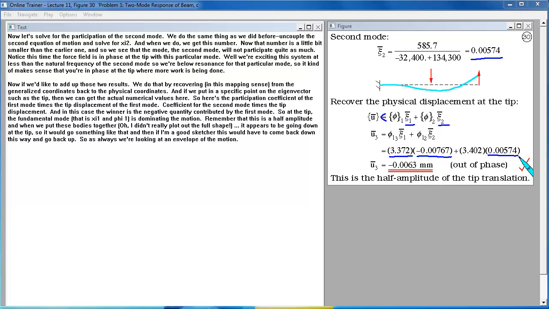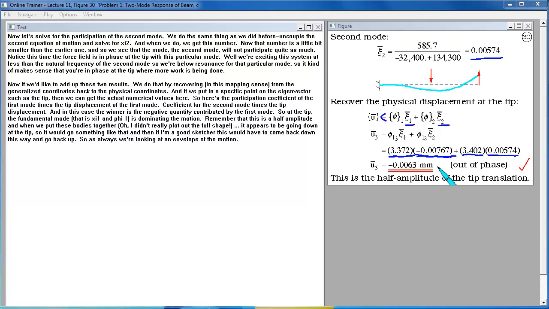Coefficient for the second mode times the tip displacement. And in this case, the winner is the negative quantity contributed by the first mode.